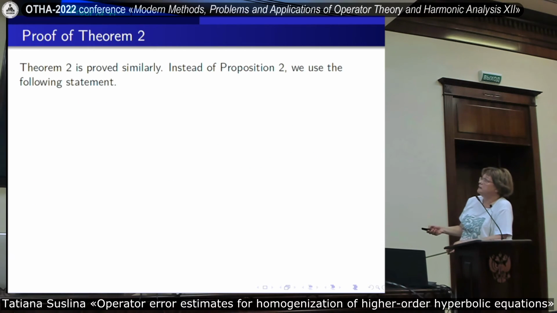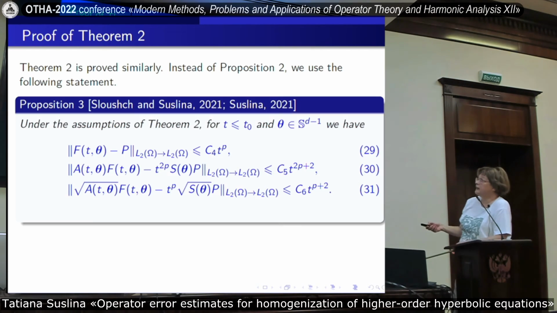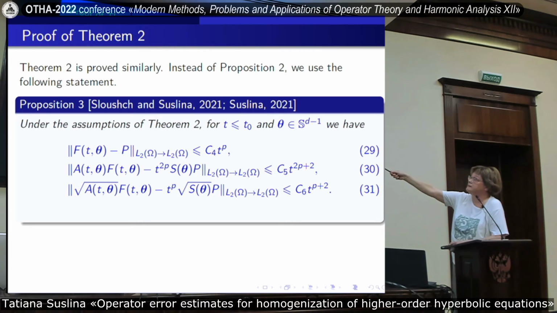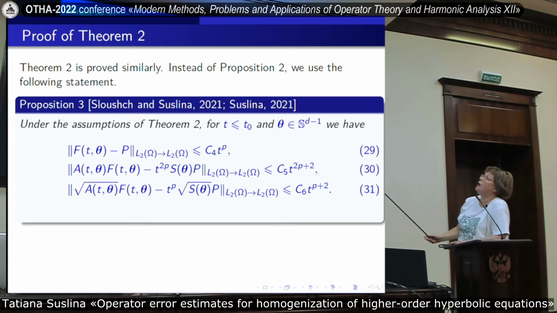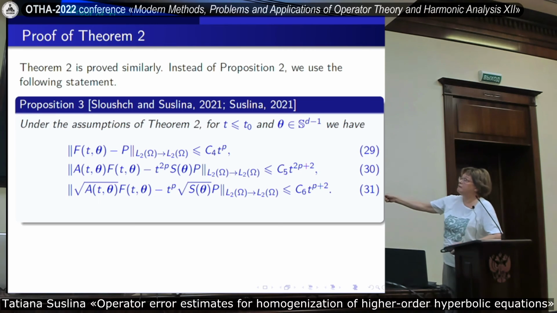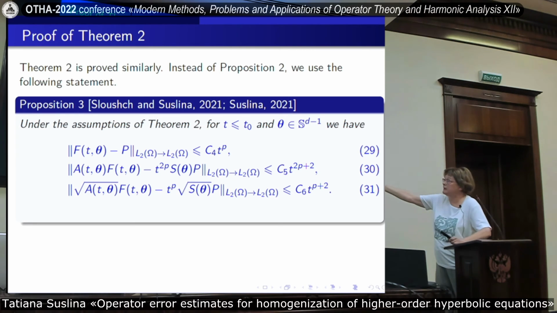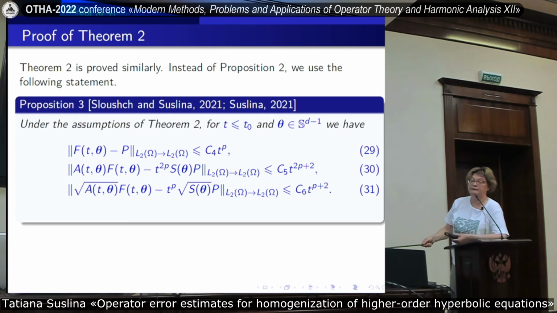And finally, about Theorem 2. Theorem 2 was an improvement in the scalar real case. It turns out that in the scalar real case, we have Proposition 3, which was obtained in our recent paper with Vladimir Sloushch. These threshold approximations are better.